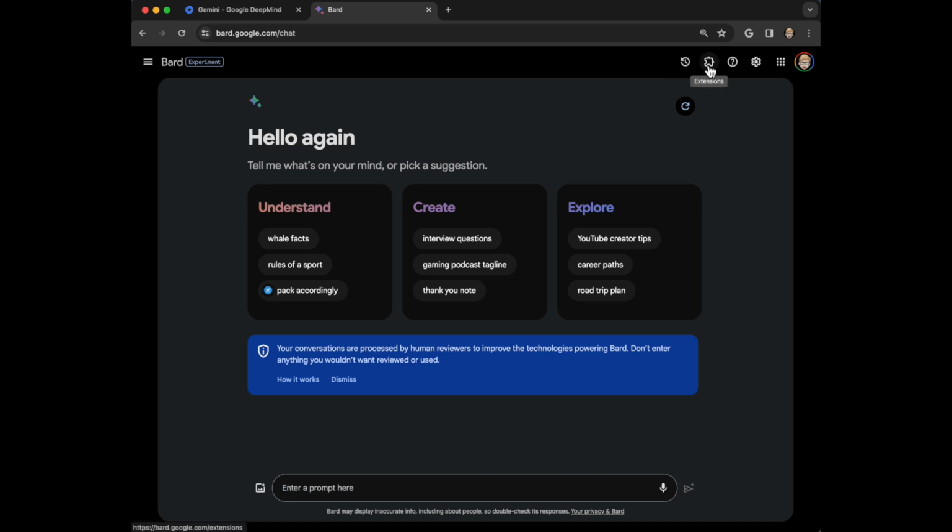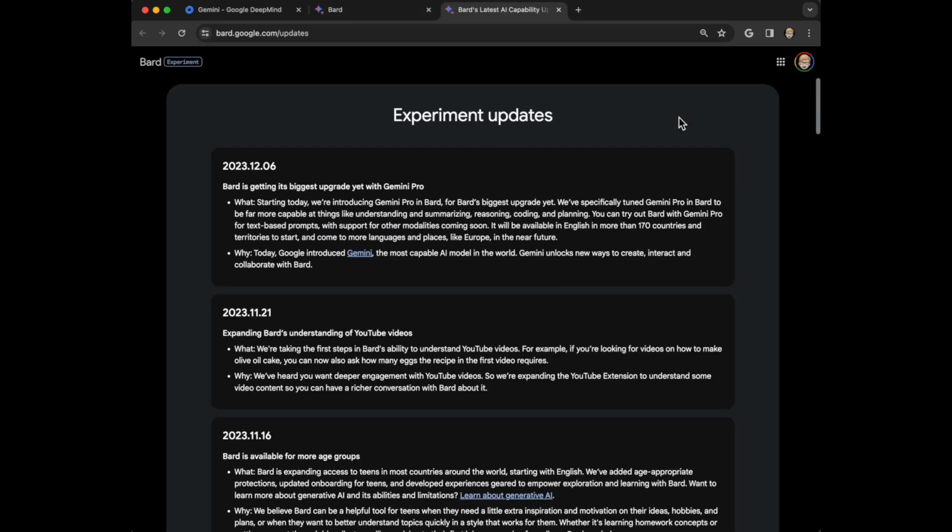We've got our Bard activity, we've got extensions, we've got help, settings. Let's go to help and let's just look at updates. So this is the announcement we saw a while back about it getting Gemini Pro. What's interesting is it's saying it got it December 6th.